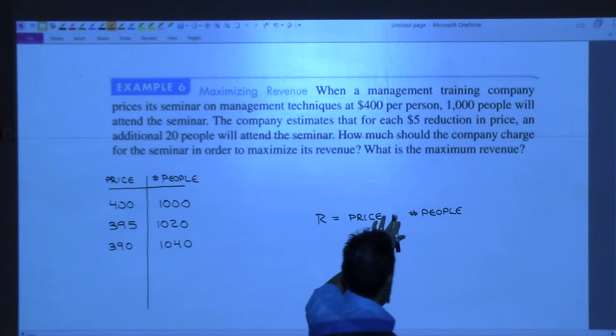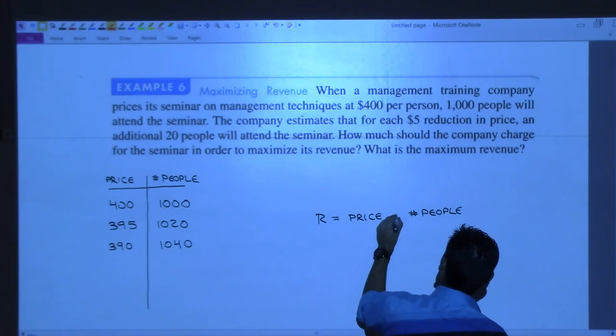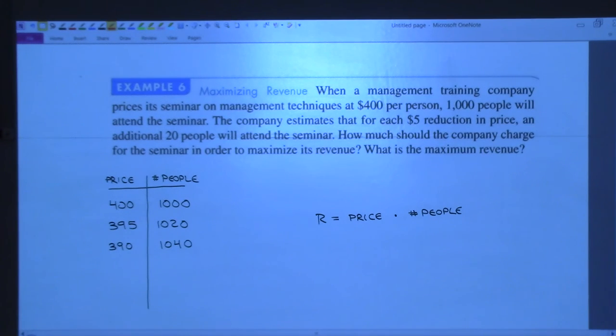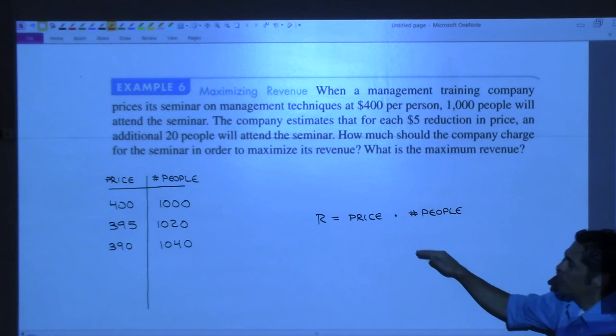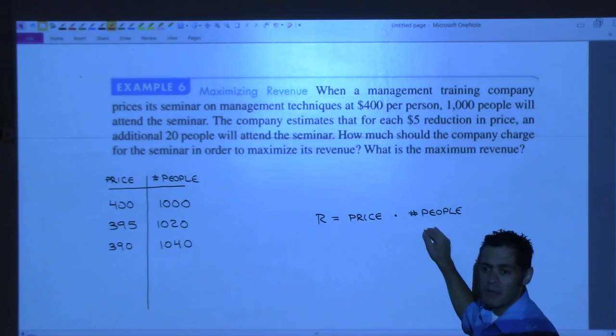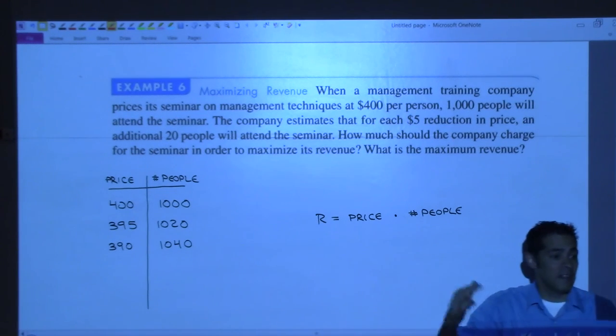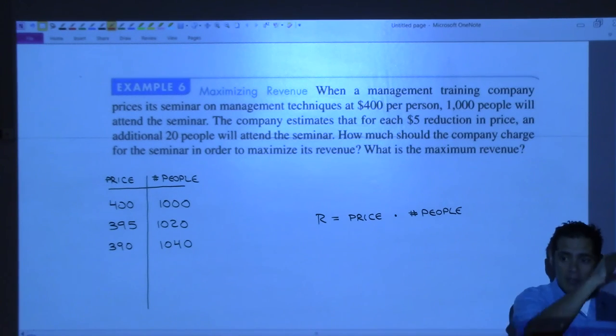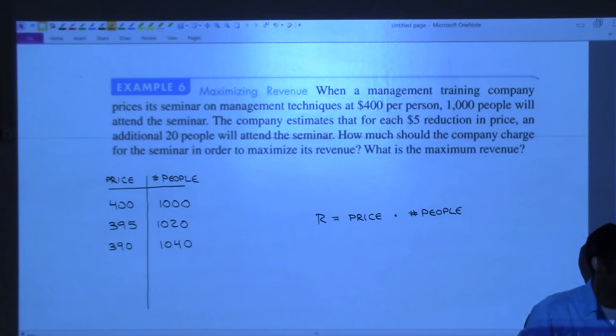I'm going to put a dot here instead of an X. What we would like to do is determine this revenue as a function of a single variable like X. That way we can graph it and find its highest point.